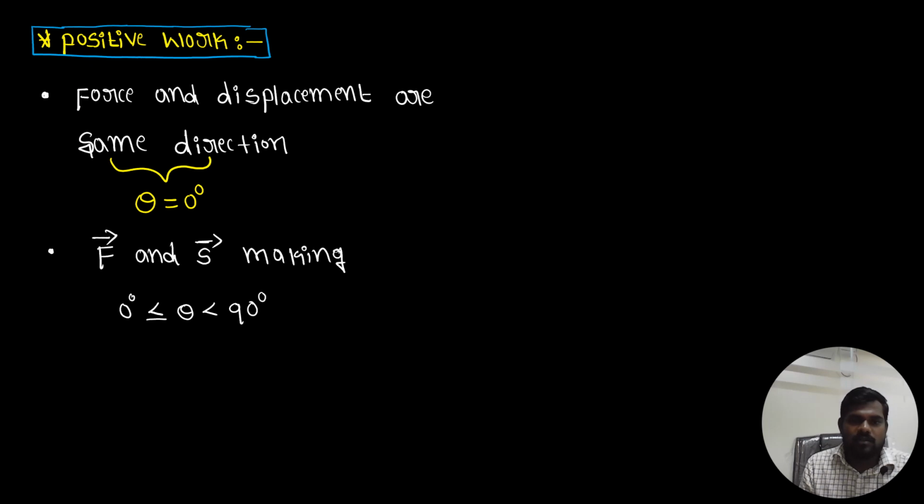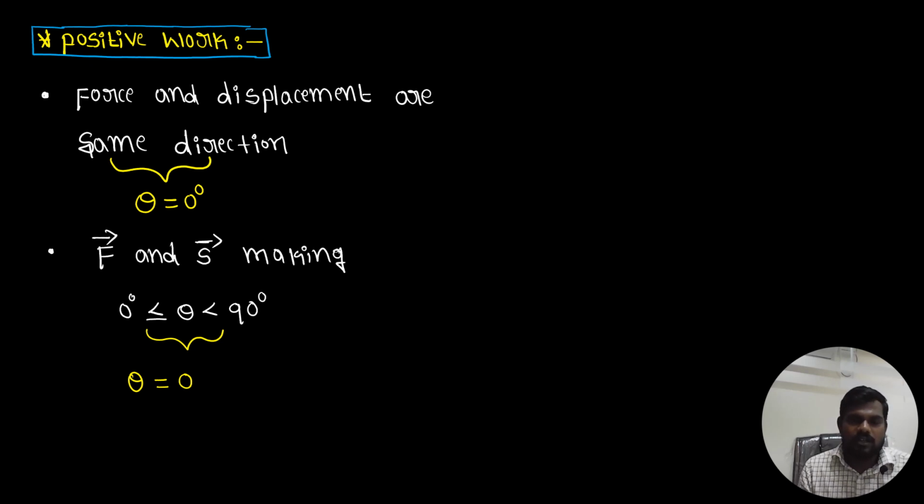So what is the meaning of 0 degrees less than or equal to theta less than 90 degrees? It means theta should be 0 or more than 0 degrees, and theta less than 90 degrees means below 90, like 80 degrees, 60 degrees, 70 degrees, 50 degrees, like that.